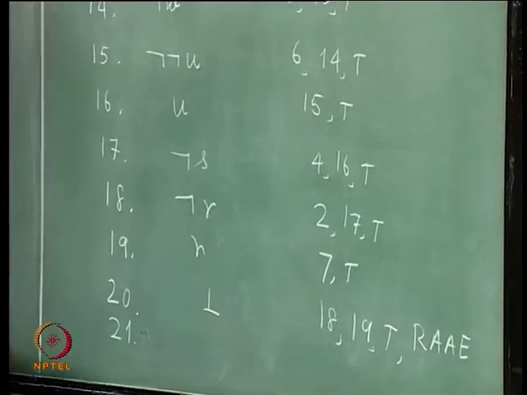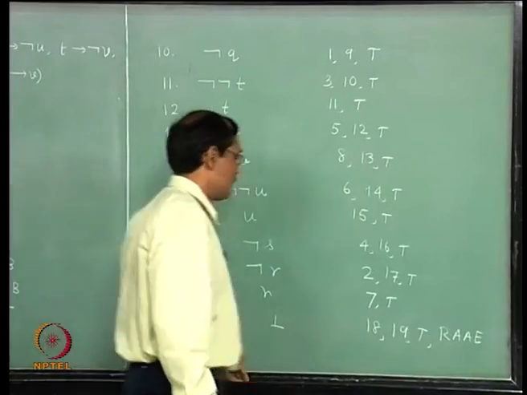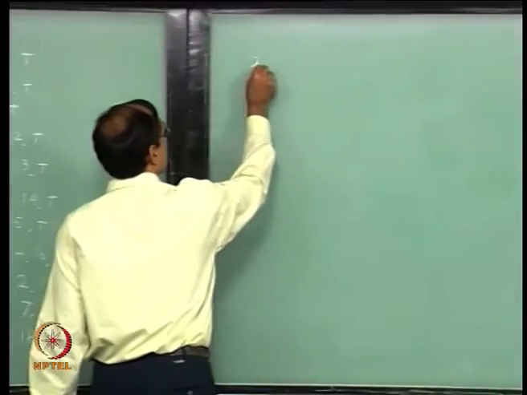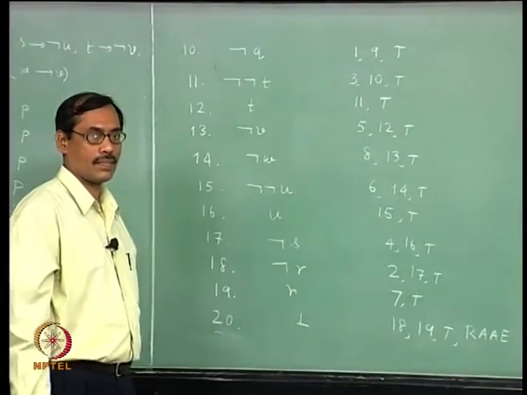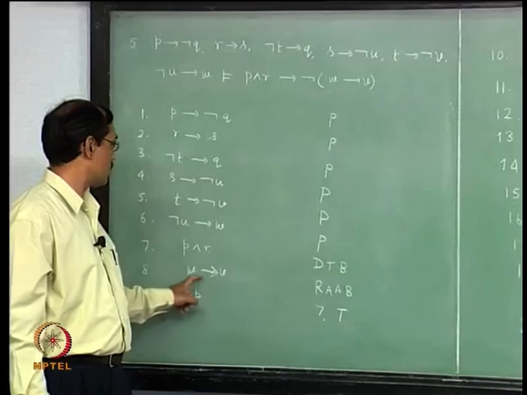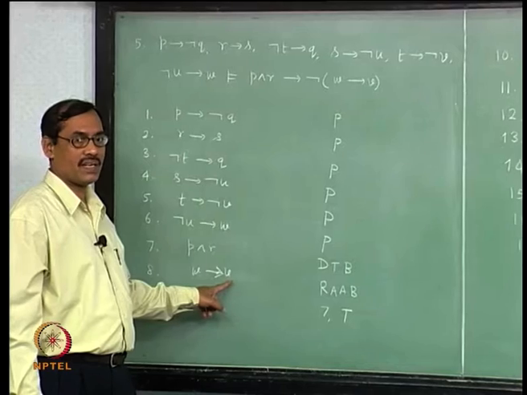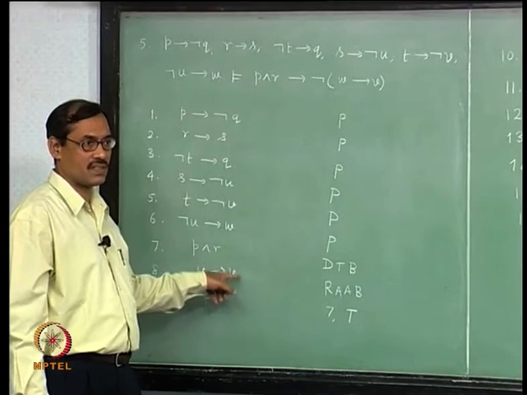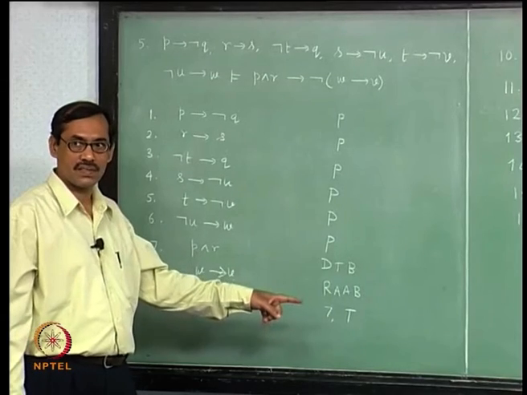Let us write 21 over the other side. So, what do you get there when you end RAA, RAA starts with the premise W implies V, right. So, we will be writing W implies V, its negation, because assuming W implies V gives you a contradiction.